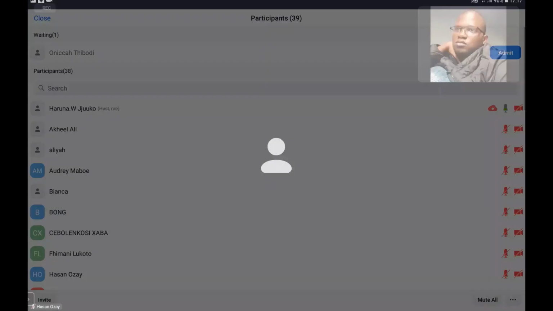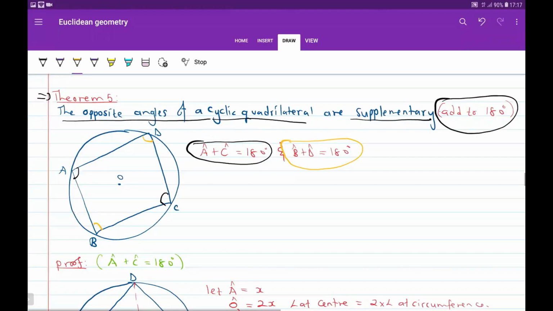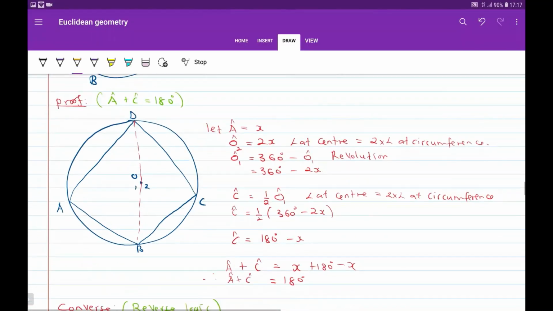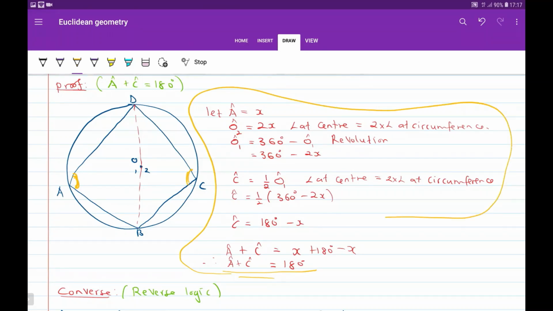Then its proof, I would just display it, but you do that during your free time. So that's a proof. Our proof was to show that angle A plus angle C are actually equal to 180 degrees. And please find some time to go through the proof.